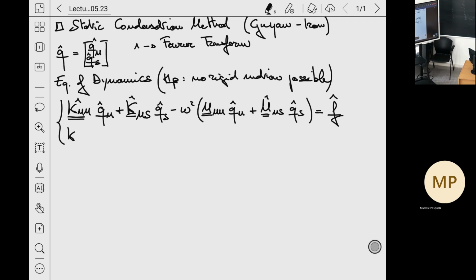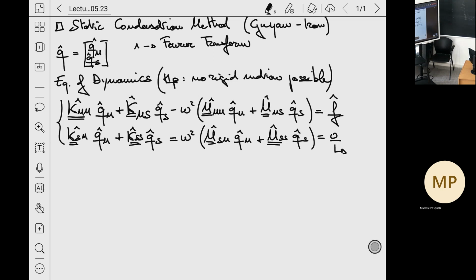While for the slave nodes, we had the following: Msm applied over Qm plus Mss times Qs, and this was equal to 0, because here we have the hypothesis, if you remember, of no external load applied over slave nodes.